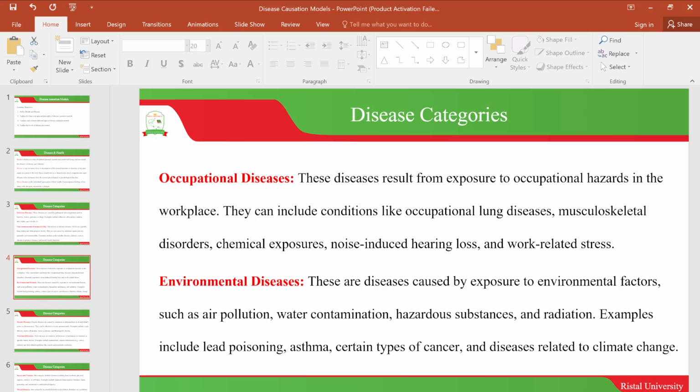Let us assume that we have a factory that is producing certain products, and that factory is polluting the environment. The owners of the factory are not staying around.